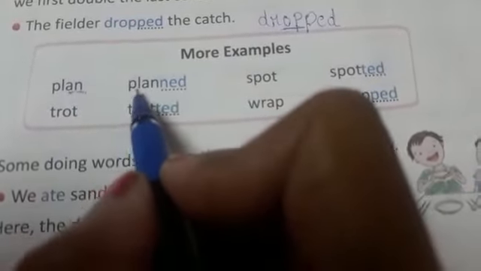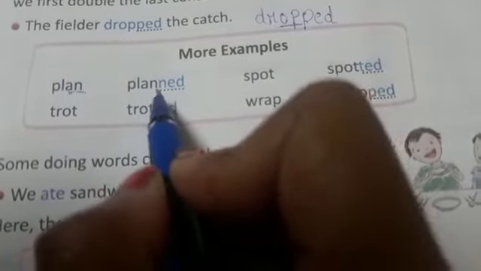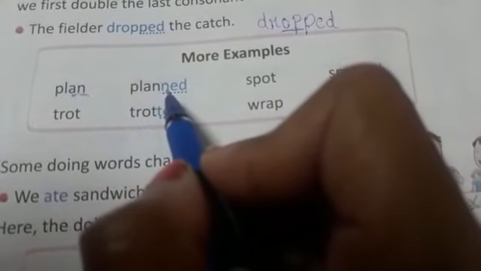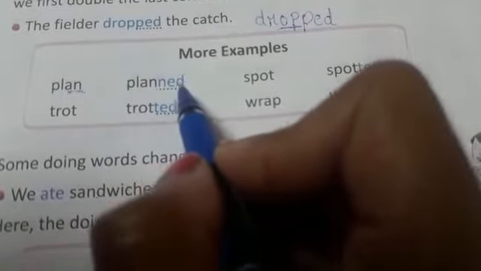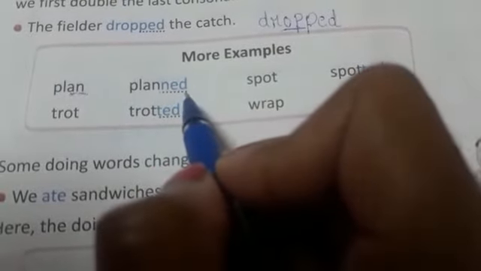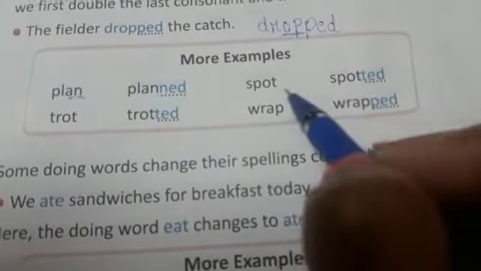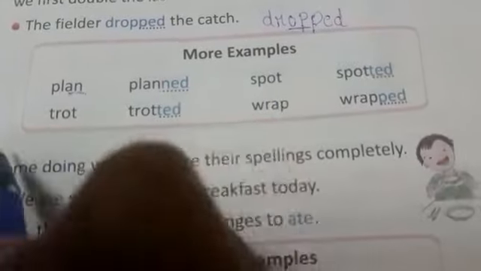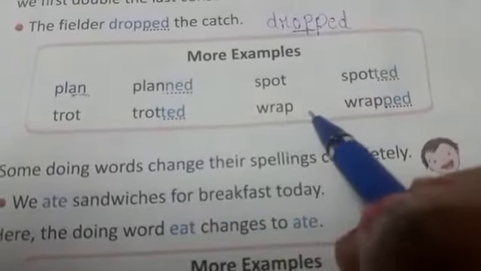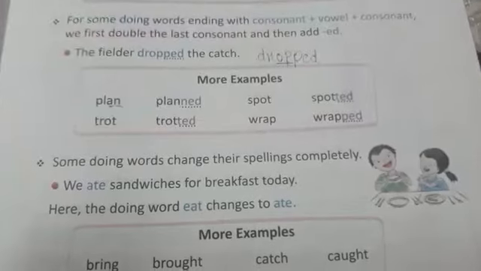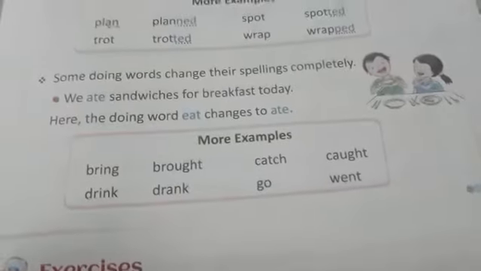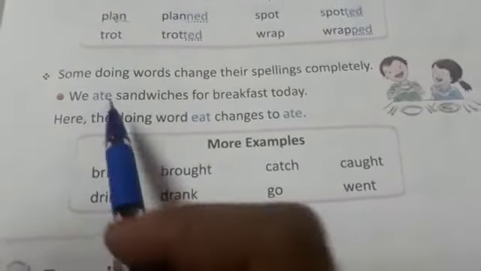That means N again you have to write, and after repeating N, you add ed. So it becomes planned. Now spot, spotted; trot, trotted; wrap, wrapped. Understood? Now we'll move to the next point.